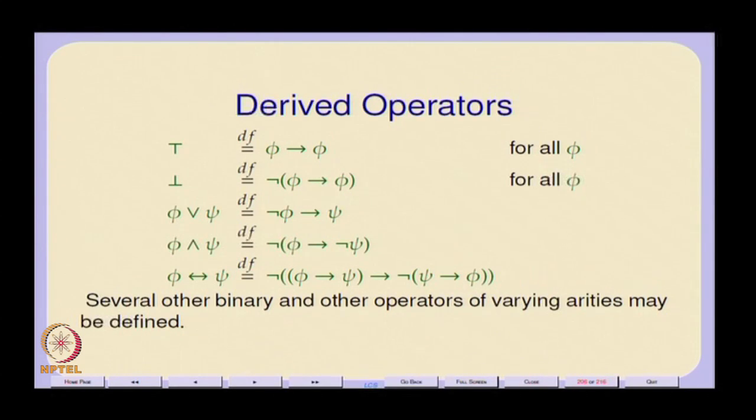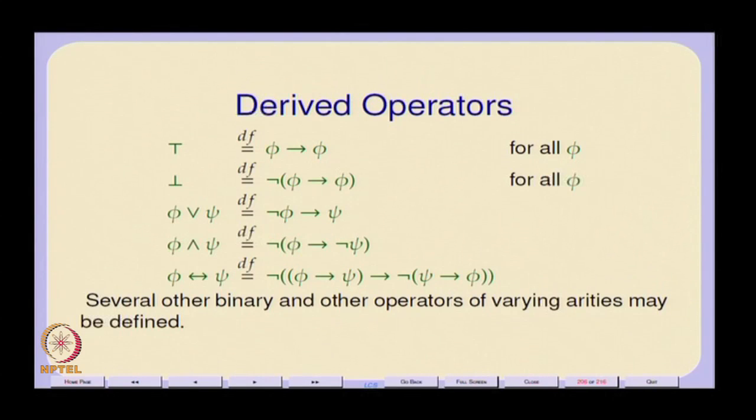Of course, you can define any other new operators you like: NAND, NOR, XOR, maybe a ternary operator, maybe if-then-else, maybe a quaternary operator, whatever. But since you have not and arrow as a functionally complete set of operators, just express whatever new operator in terms of not and arrow.